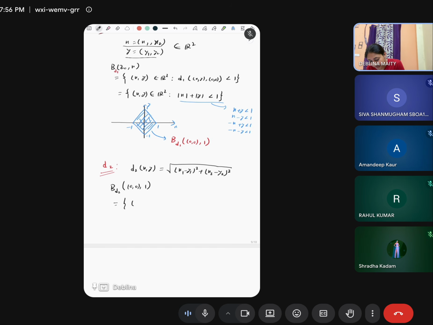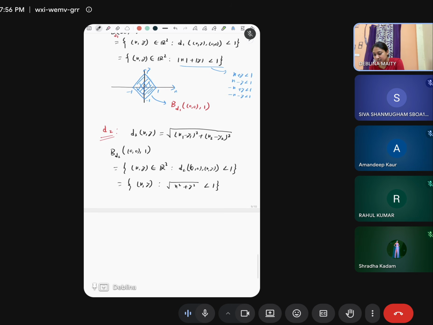It is the collection of all (x,y) in R2 such that d2((0,0),(x,y)) is less than 1, that is, the square root of x squared plus y squared is less than 1. This is the equation of a circle centered at 0 with radius 1, so x squared plus y squared less than 1. So this unit ball will be the circle.